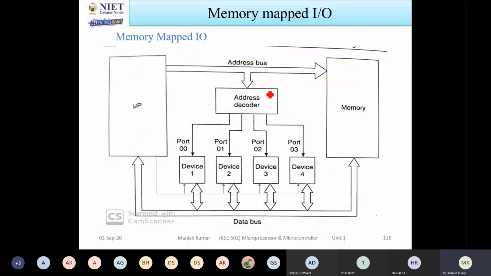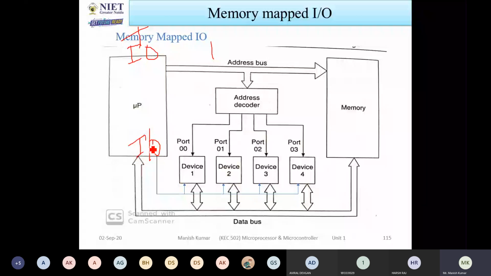So this is the architecture of input output mapped input output. It is not in your syllabus, so I am telling you just for your reference. Okay, so this is the difference: only these lines, that is, the input output lines.